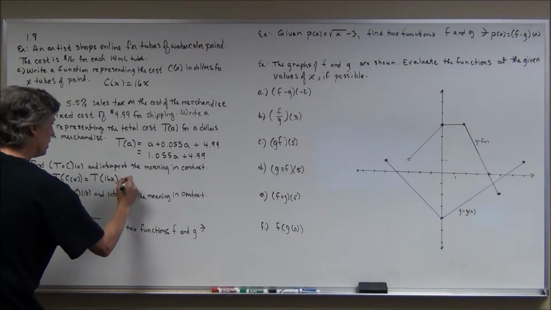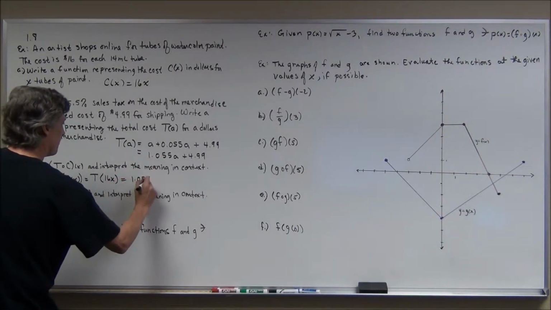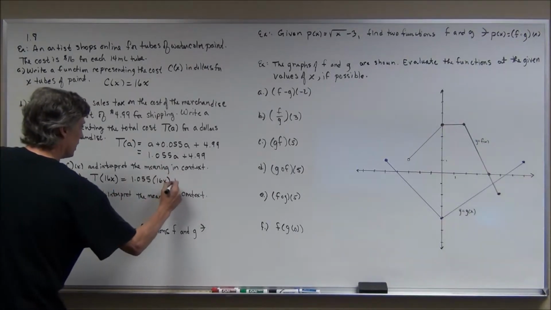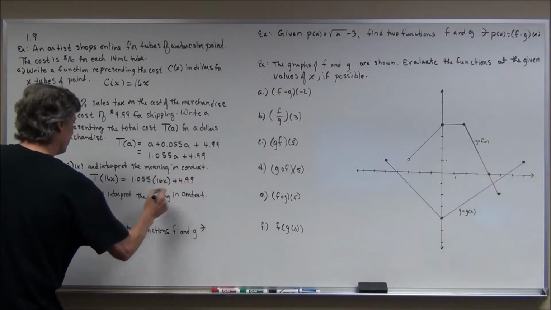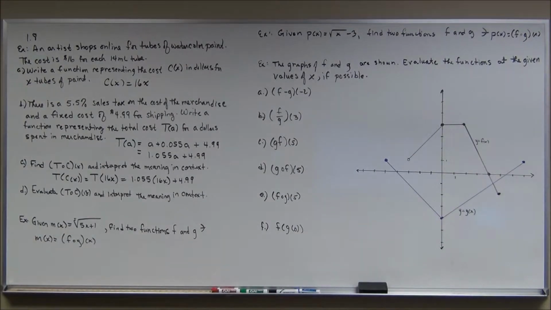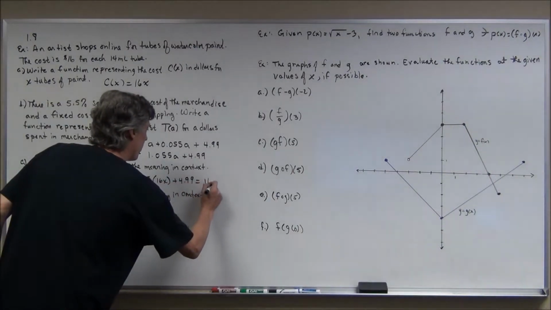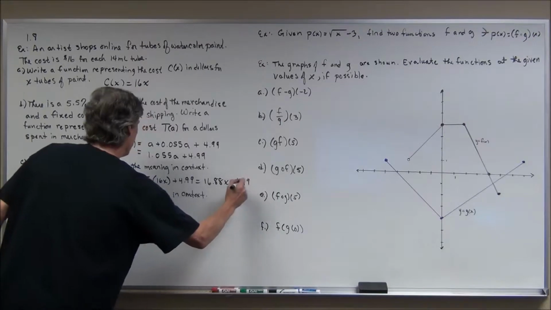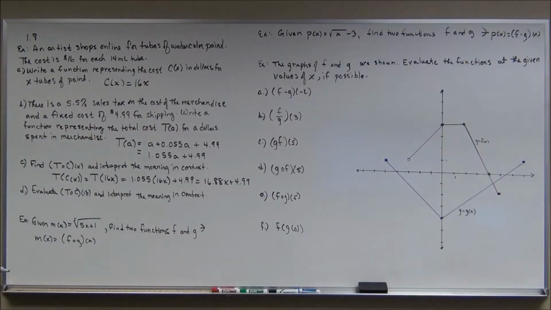So this would be 1.055, then 16x in there for A, plus 4.99. Let's see, 1.055 times 16, need my calculator handy, I think it's 16.88x plus 4.99.